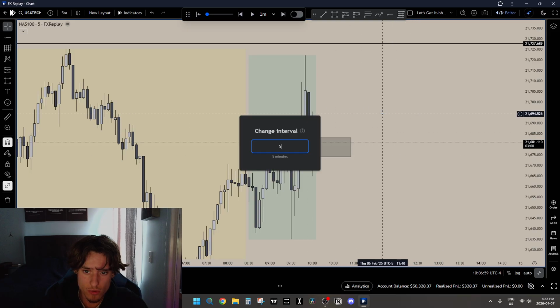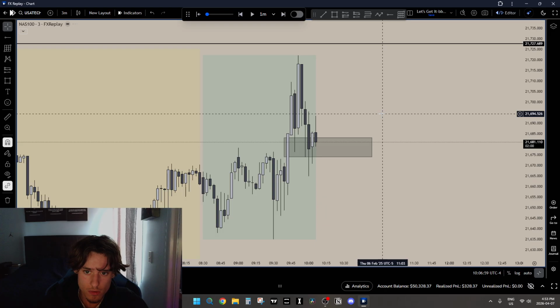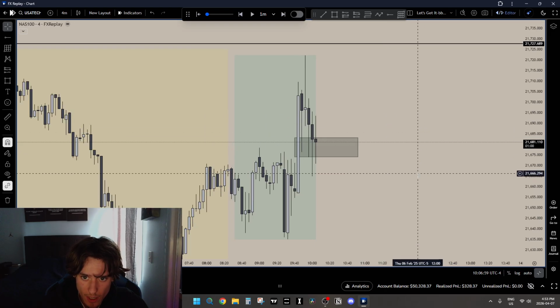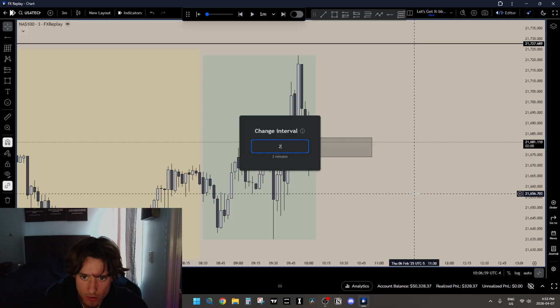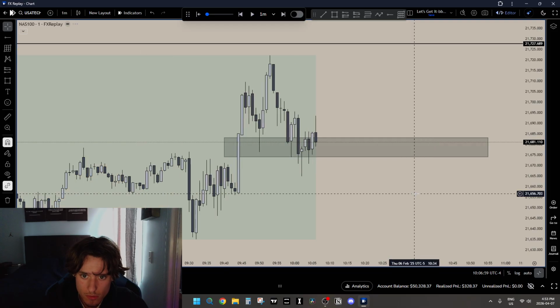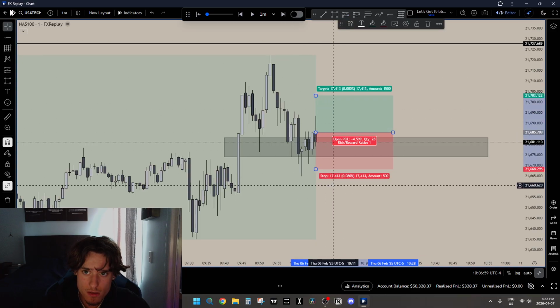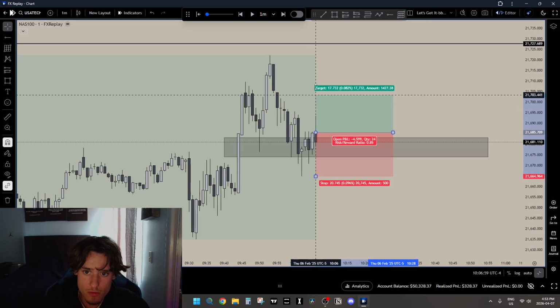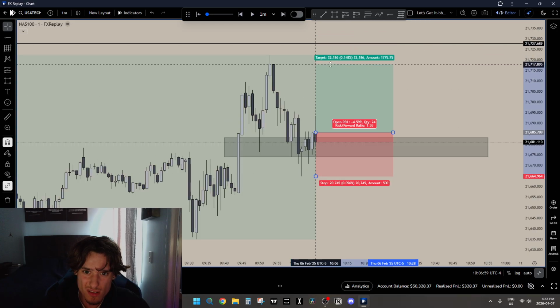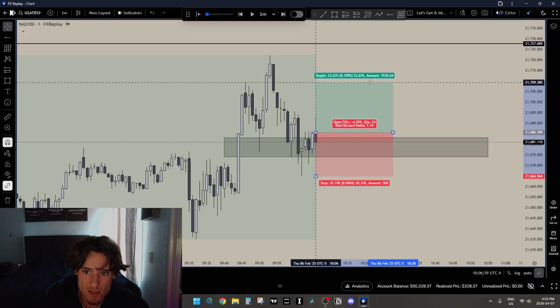Took out internal lows. Do we have any higher time frame inversion? Not even. This is low-key a shit entry. Not even that crazy about this trade.